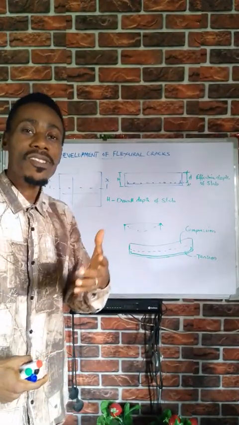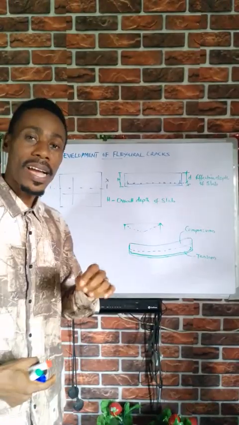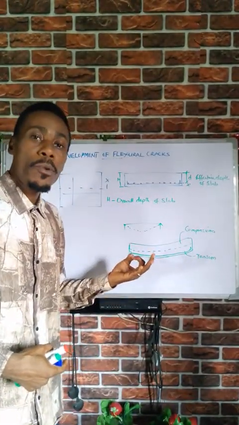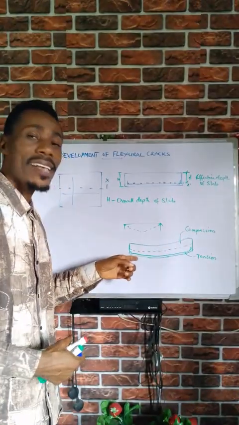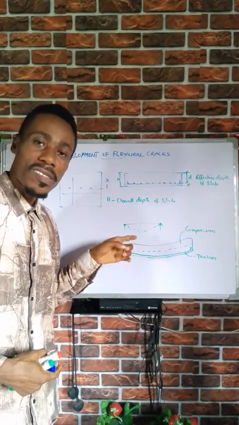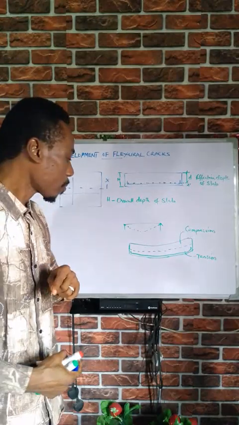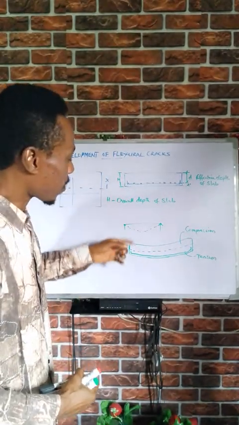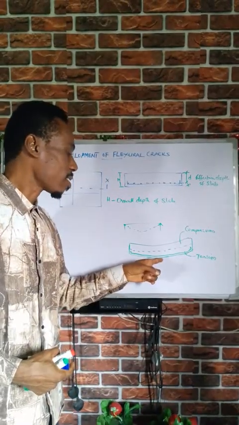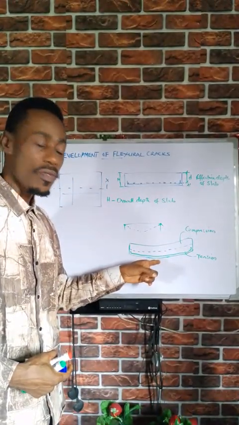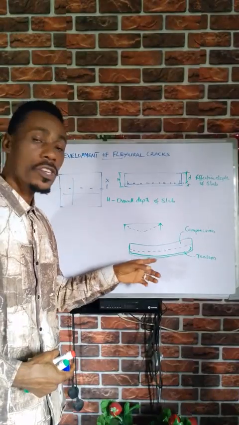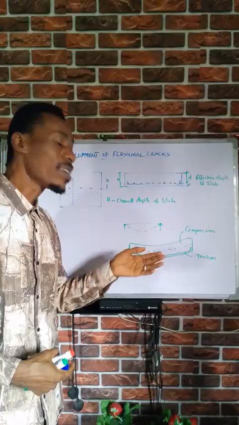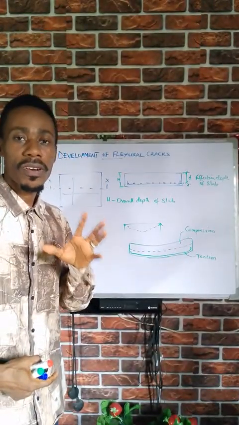The essence of designing our slab is to come up with reinforcement that can overcome the tensile stresses the slab will be subjected to. If the stress exceeds the tensile strength or the capacity provided by this bottom reinforcement, there will definitely be formation of cracks.